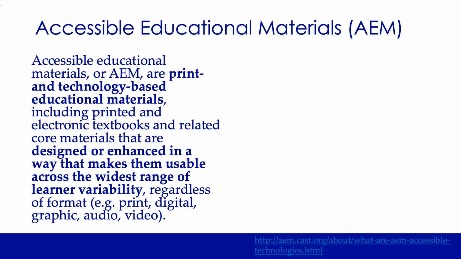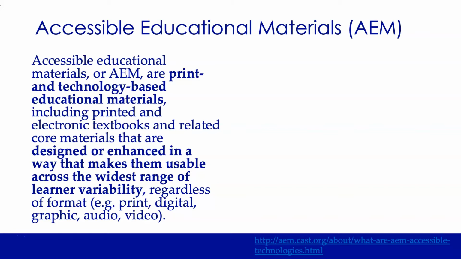Quality instructional materials talk about the degree to which those instruction materials set the stage for quality learning experiences. Accessible education materials deal with a component of quality instruction materials, which is, are those materials constructed in such a way that students with a wide variety of different needs can actually access them?